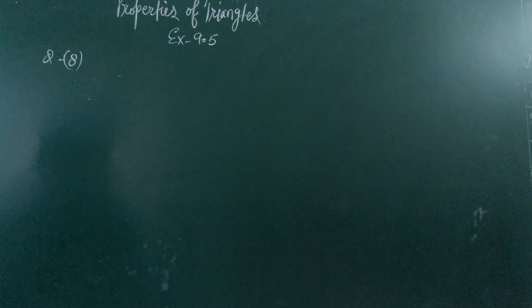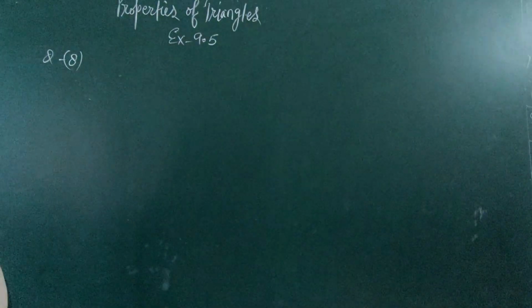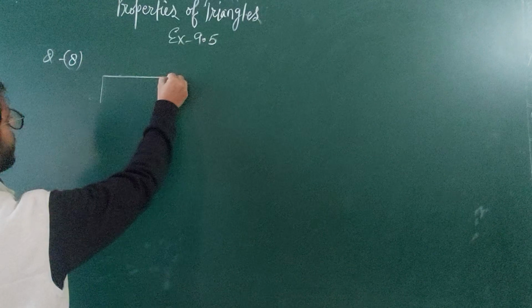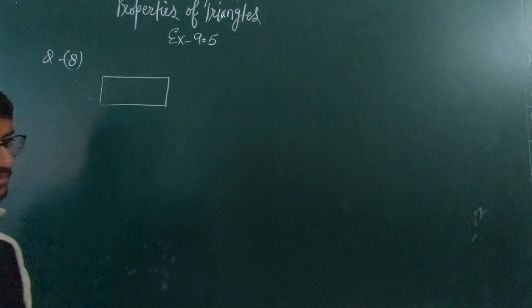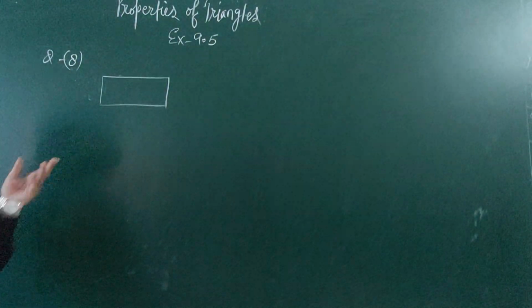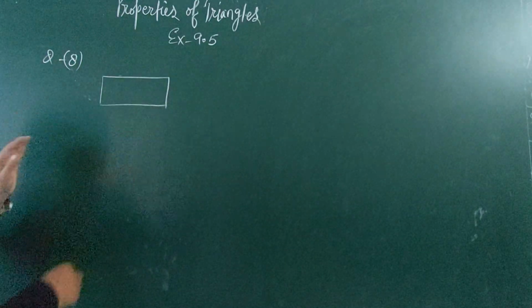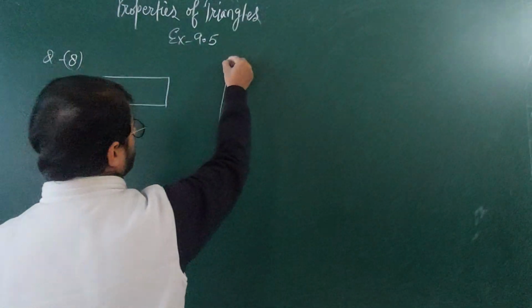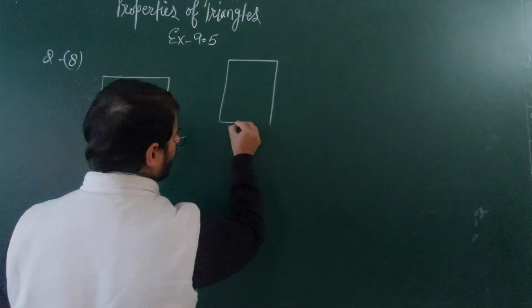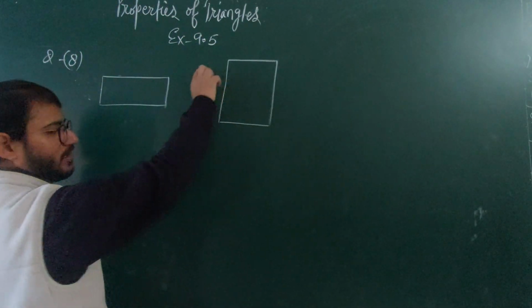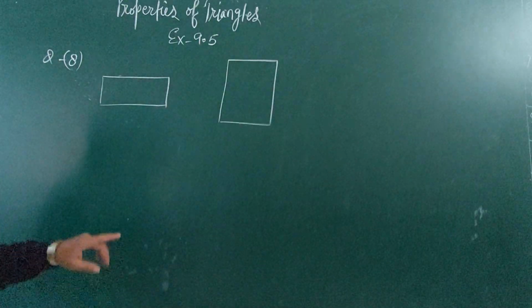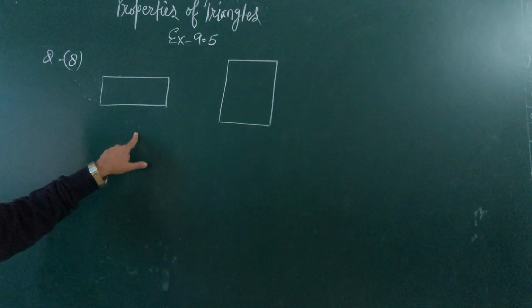Gate is in a shape of a rectangle, and rectangle can be drawn in two forms. Number one, a basic form. It is known as horizontal form, where the length is greater than the width, or it can be drawn in this shape, where length is smaller than the width. If we are talking about a gate, so gate will never be of this kind.